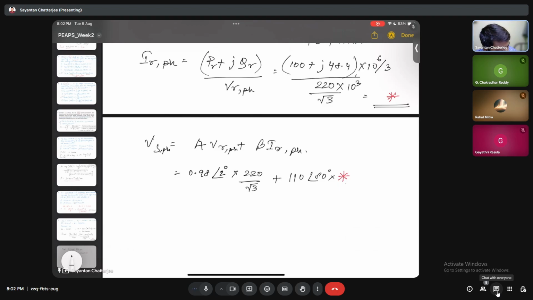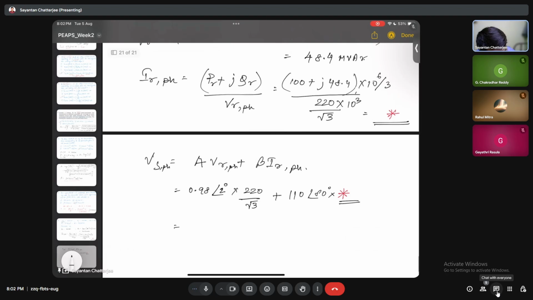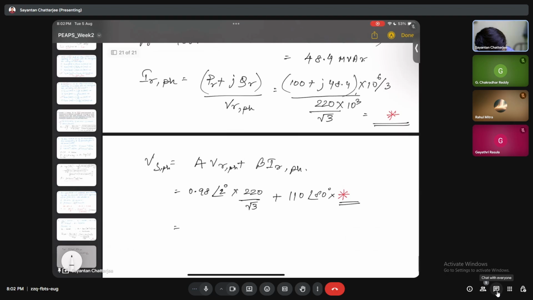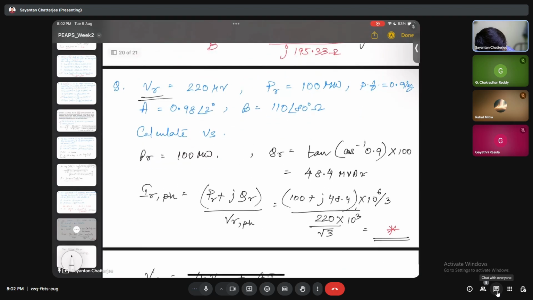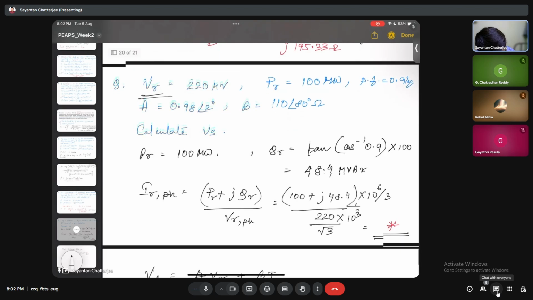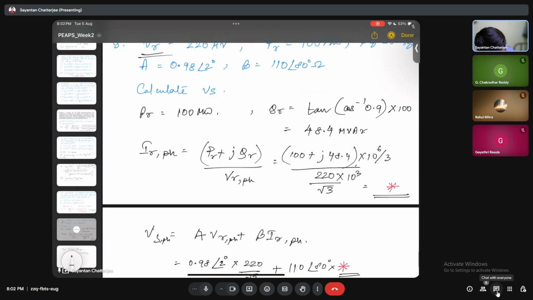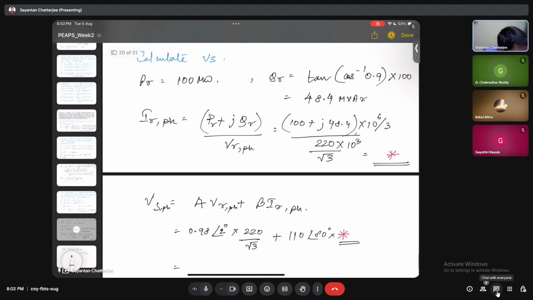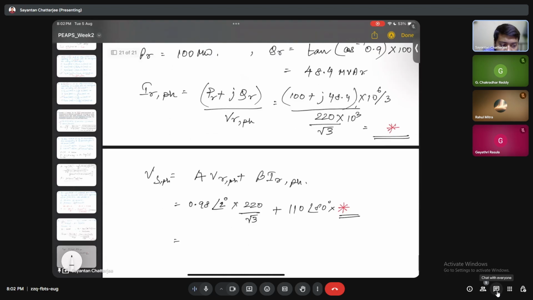So this value will be the same value, and you will get the value of VS line, VS line sending end. So you just calculate and get the values.